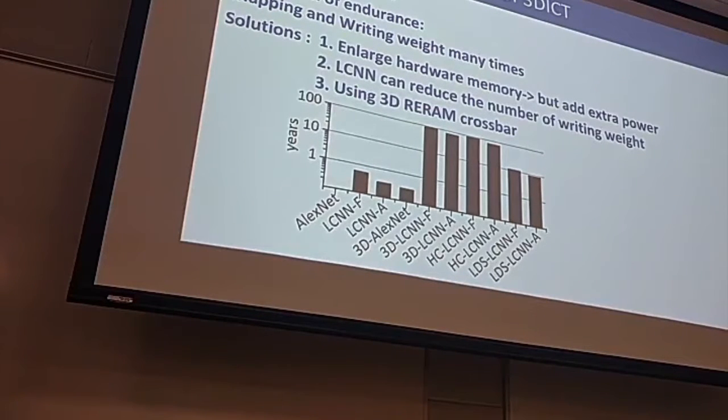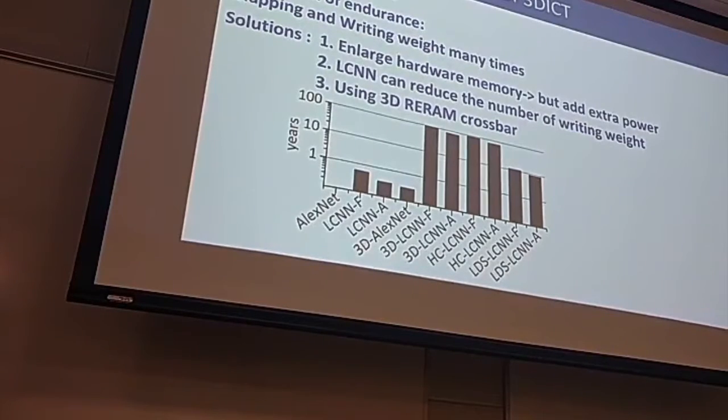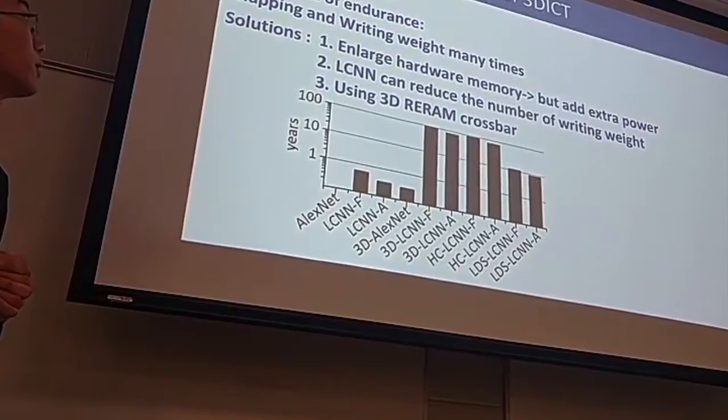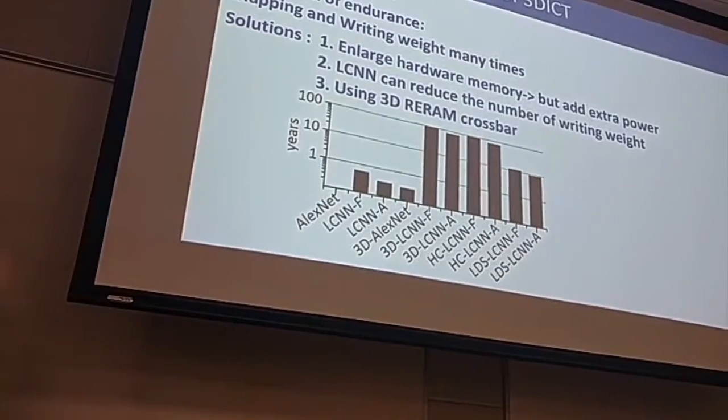LCN can reduce your weight, so you can reduce the write count of your memory cells. The last method is you can use a 3-dimensional RRAM crossbar to balance your writing.